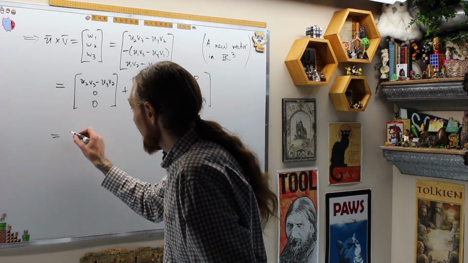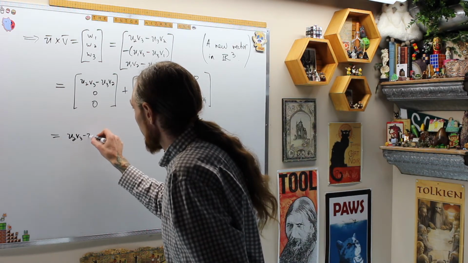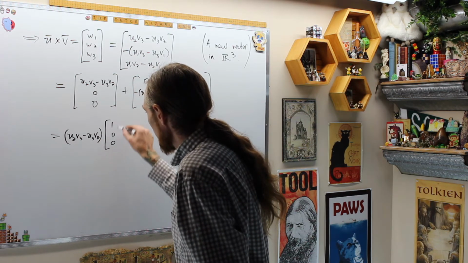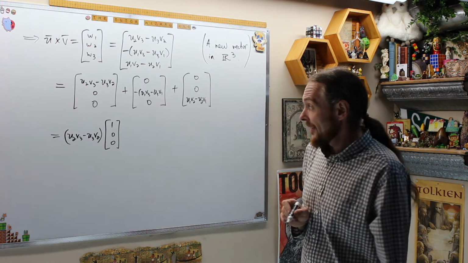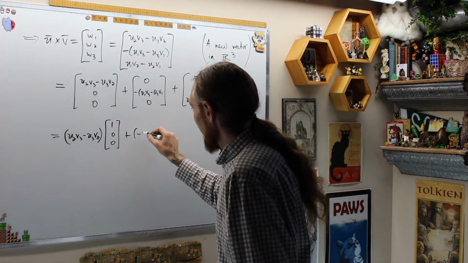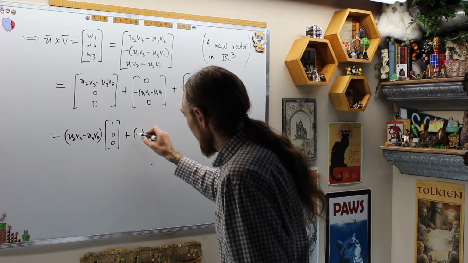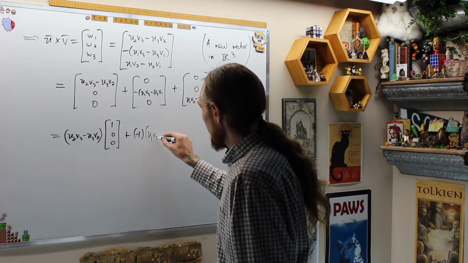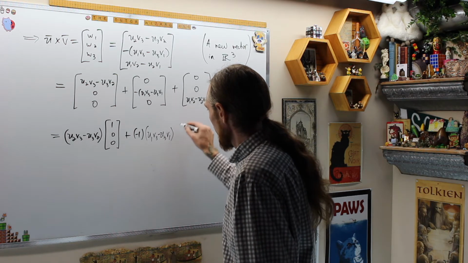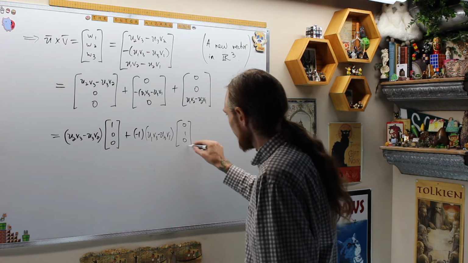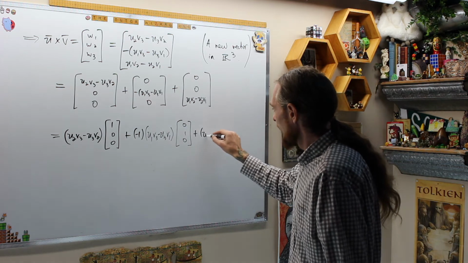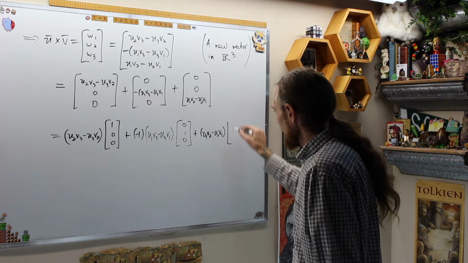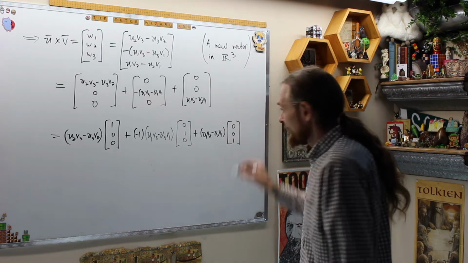This is going to give me U2 V3 minus U3 V2 times (1, 0, 0). Oh, that should be hitting a nerve by now too. Plus negative 1 times U1 V3 minus U3 V1 times (0, 1, 0), and then plus U1 V2 minus U2 V1 times (0, 0, 1).